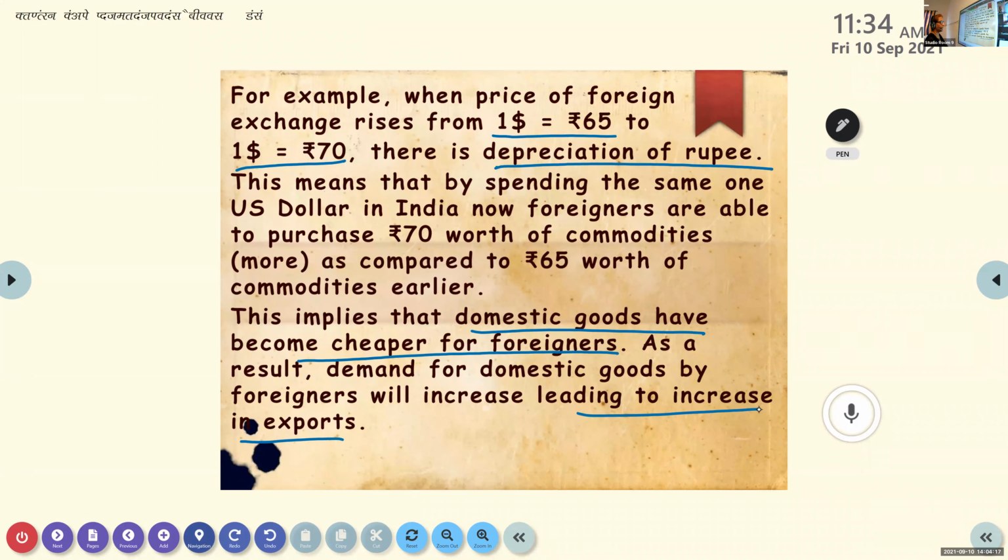In depreciation, domestic goods become cheaper for foreigners, they demand more Indian goods, and this increases exports.